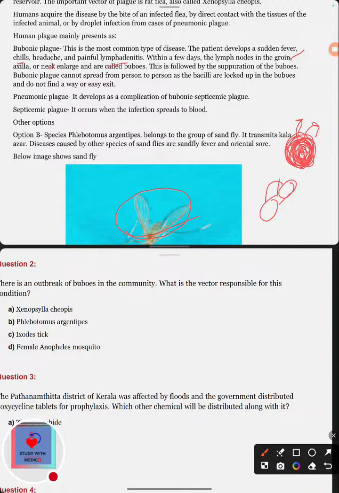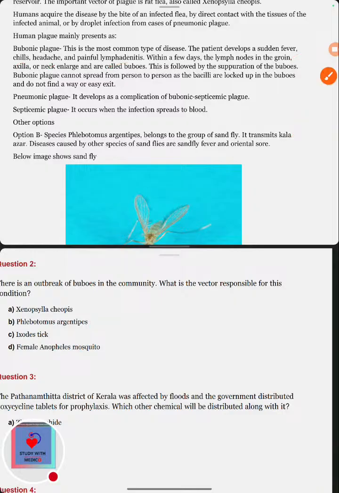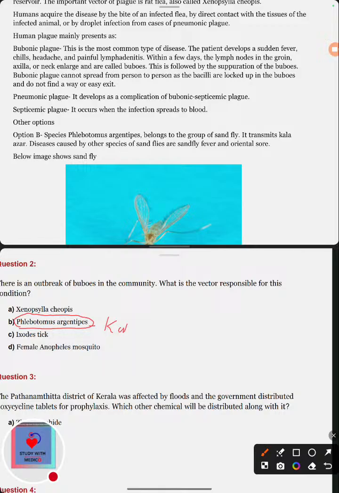Other options like Phlebotomus argentipes belong to the group of sandfly. It transmits Kala Azar. Kala Azar is a disease caused by the sandfly, which also transmits sandfly fever and oriental sore.